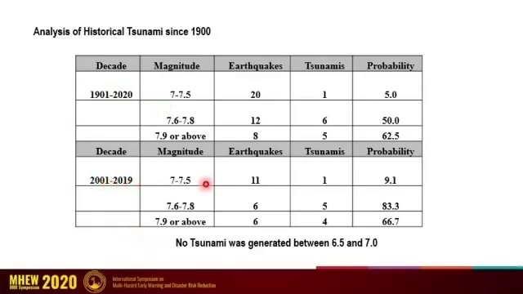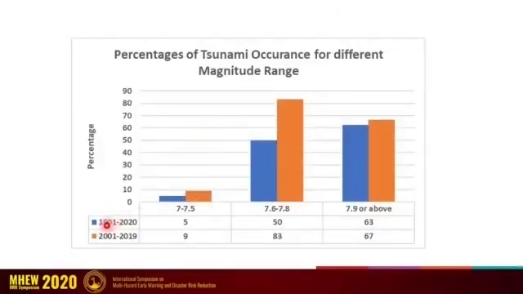So you can see there is an increase in the trend of generation of tsunamis between 2001 and 2019. So we are vulnerable to future tsunamis, and we have to be very careful about that.